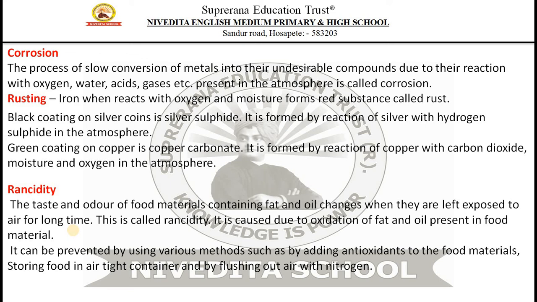You just remember it. So these are some of the ways by which we can prevent corrosion and rusting. Rusting can be prevented by applying oil, grease and paint on the surface of iron, and silver and copper articles can be cleaned with certain substances so that we can get them back.